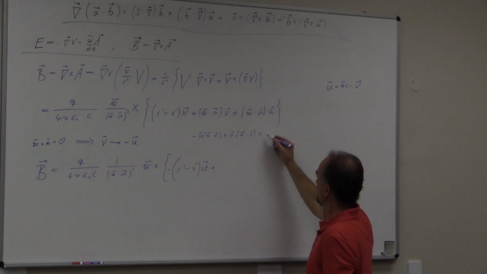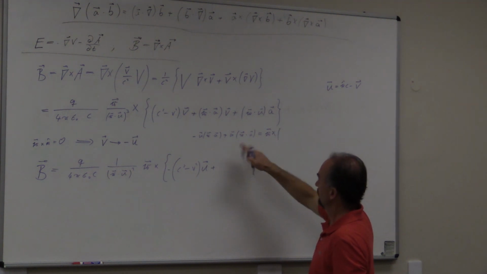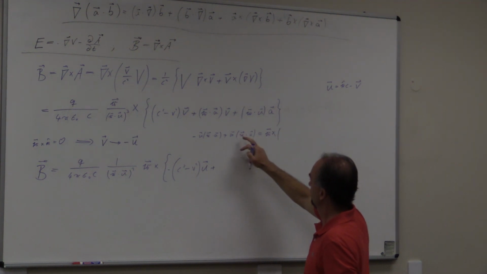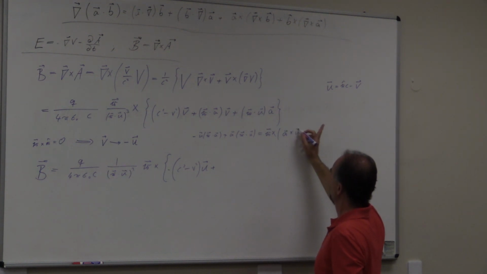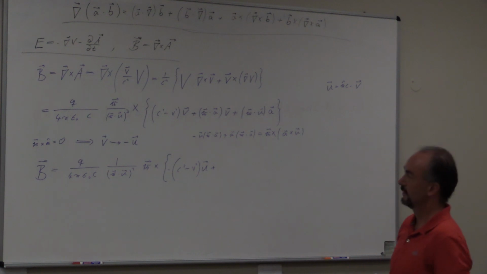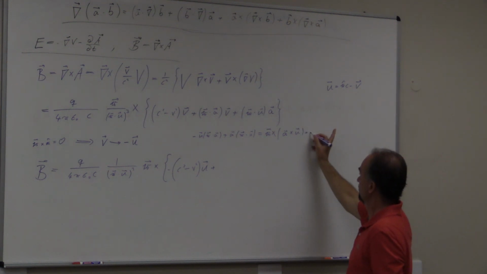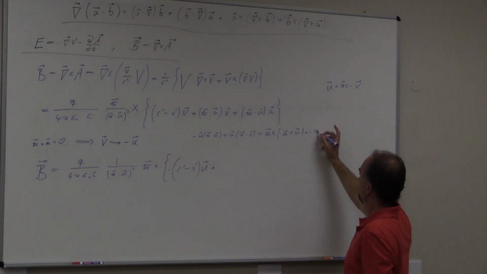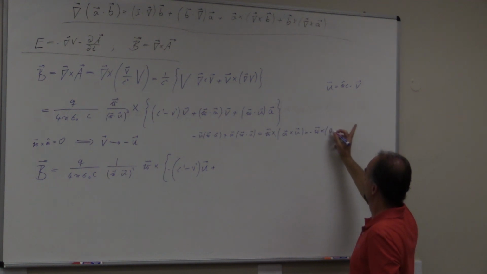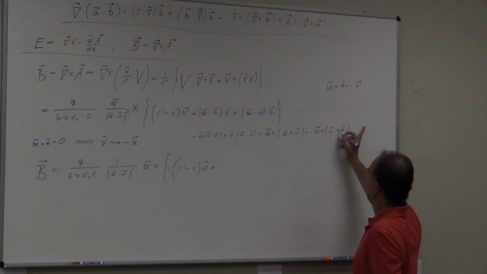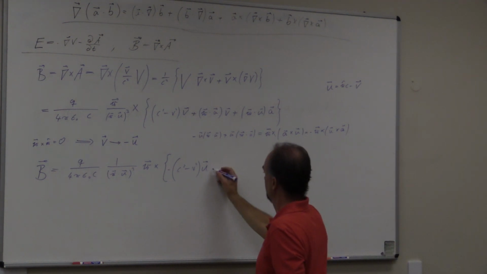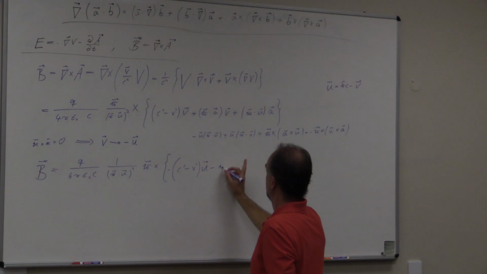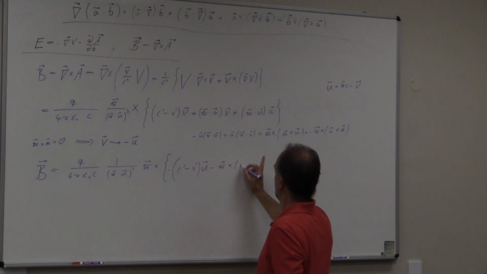So BAC, A cross U, right? Or that is minus R cross A, right? So minus R cross.